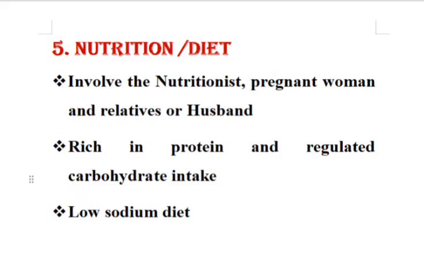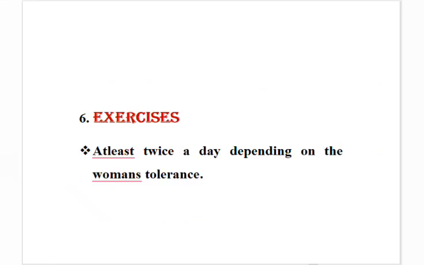Then we continue. We go to exercises now. This pregnant woman should exercise at least twice a day, depending on the tolerance. You can't tell a pregnant woman who is in a coma to exercise. For example, the question states that this woman, because of the diabetes, has gone into a coma. I don't think it's justified for you to tell a person who is in a coma or in a confused state to exercise.